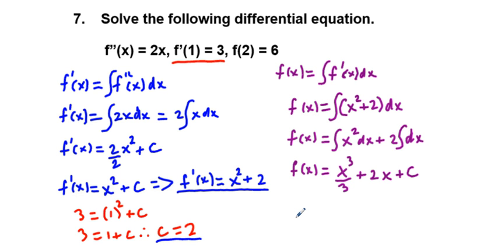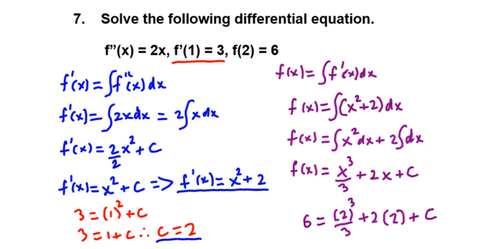So we come down here and we see that f of 2 equals 6. So we can set f of x to 6 right here and set this equal to, replacing x with 2, we have 2 cubed divided by 3, plus 2 times 2, plus our constant of integration, which is now our unknown that we are solving for.